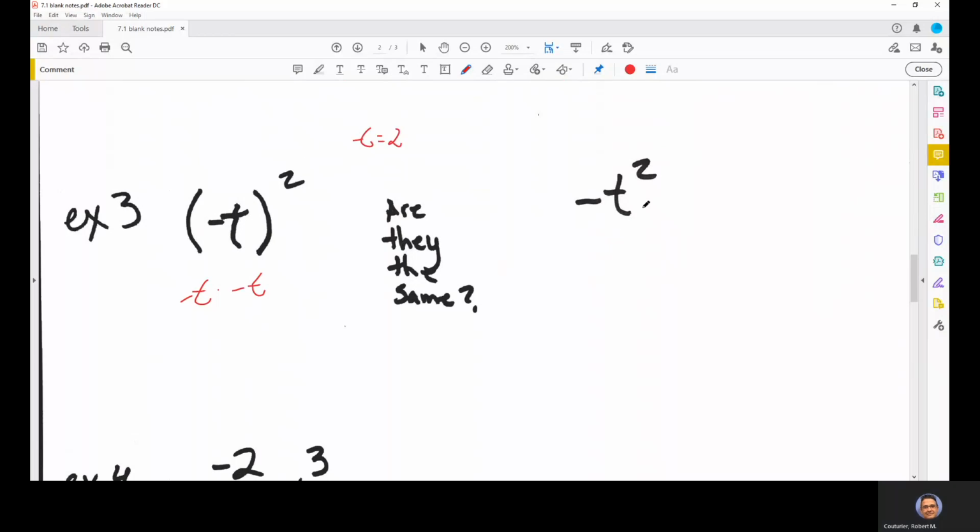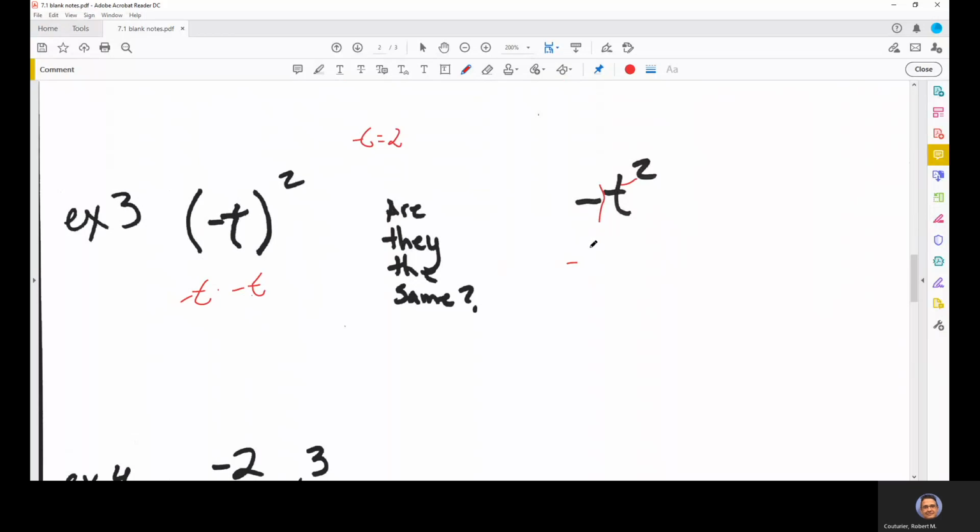Let's look at this one. This time it's saying we have a negative and t is the base. Remember, there is an invisible 1 here. So this is negative 1 times t, and t is what's being raised to the power, not all of it. See how in the first one, negative 1 was multiplied twice because we squared negative 1, negative 1 times negative 1, and we squared t, t times t.